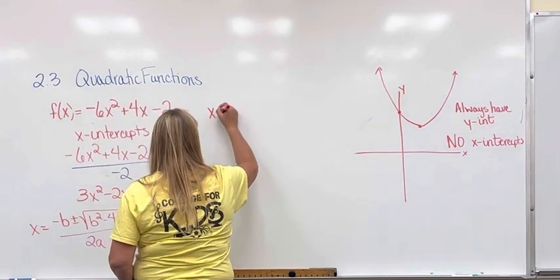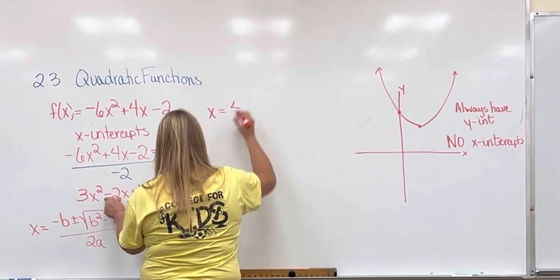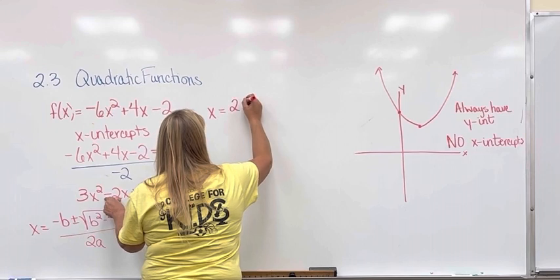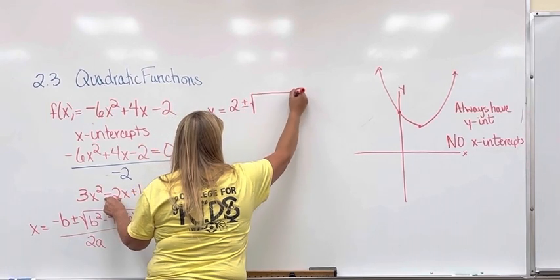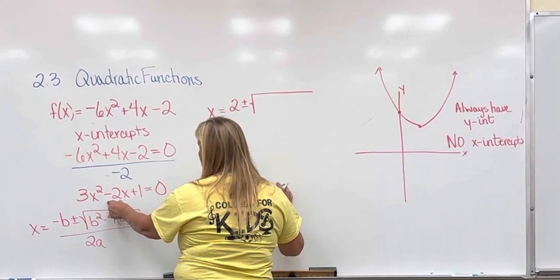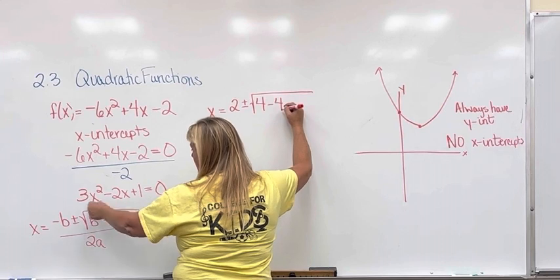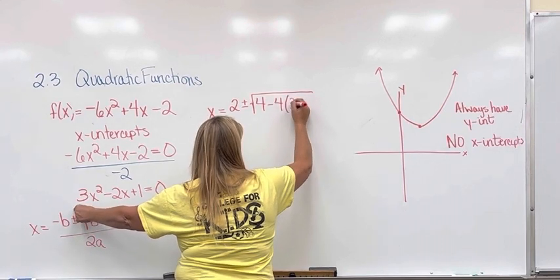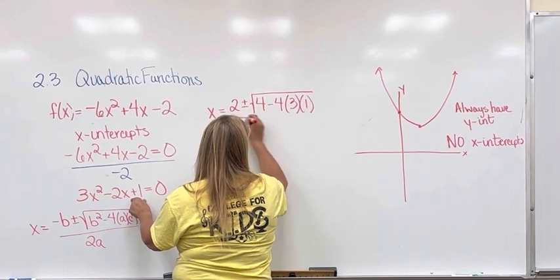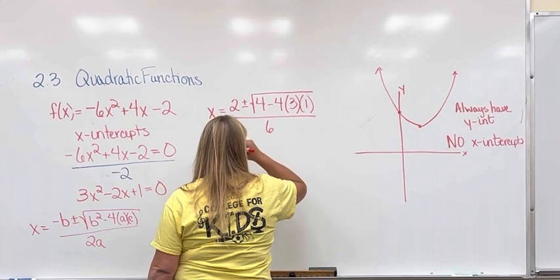We need negative b, which in our case is a positive 2, plus or minus the square root of b squared. So negative 2 squared gives us 4, minus 4 times a, so times 3, times c, which is 1, all over 2a, so 2 times 3, so 6.